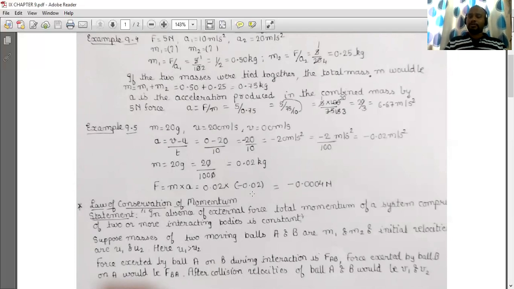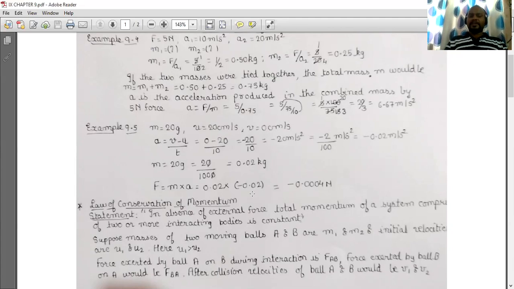I repeat, in this question, from the velocity time graph, you can see that the body is performing retarded motion. So the velocity given in this graph, that is 20 centimeter per second, becomes your initial velocity, whereas your final velocity will be 0 meter per second. The mass of the ball is given as 20 gram.